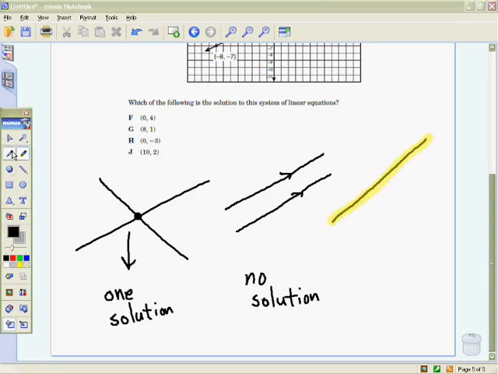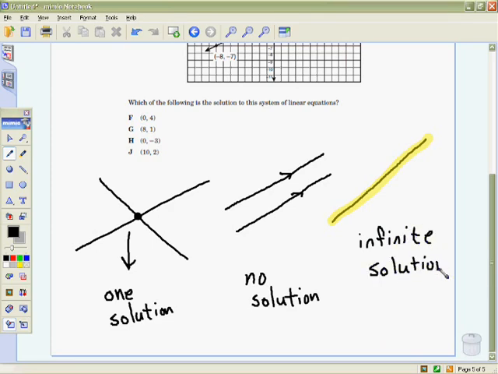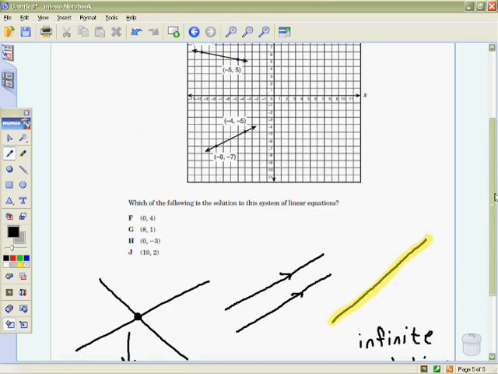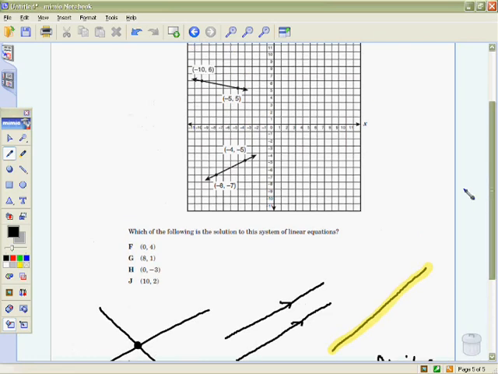And if it's the same line, they share all points in common, so that is infinite solutions. So, recalling that information and going back to our problem, we're looking for the solution here.